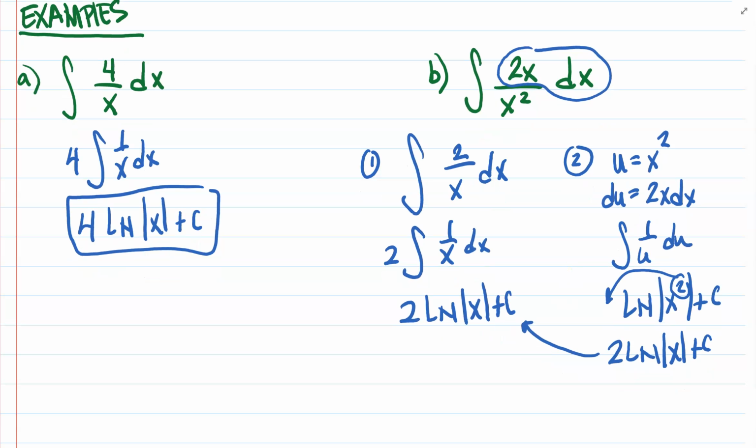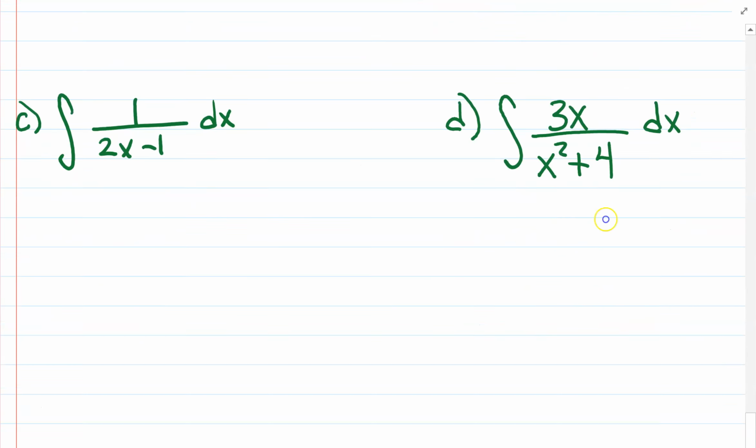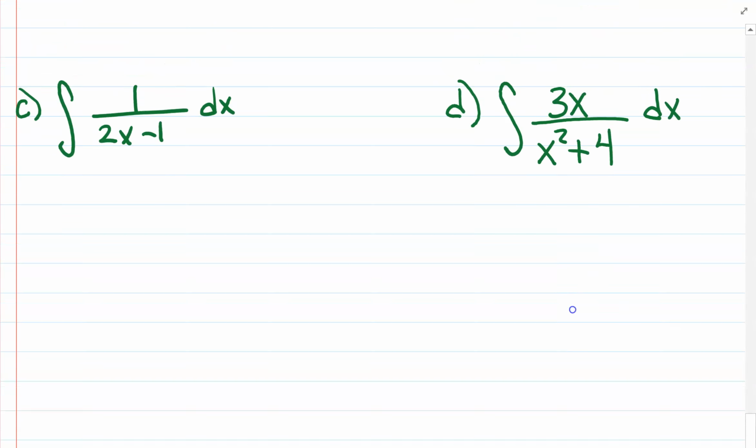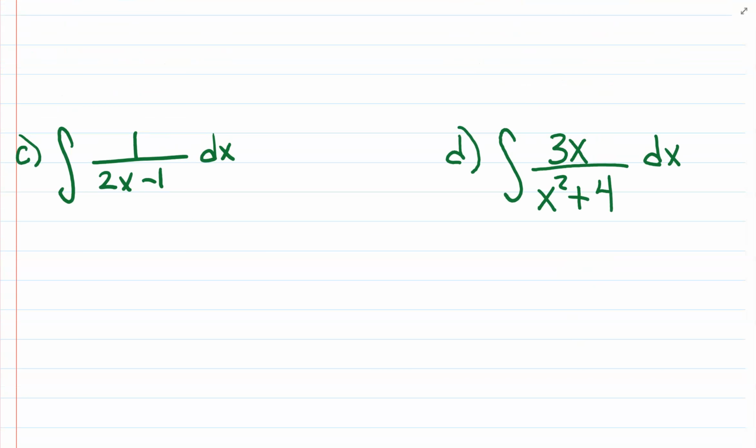Okay, a couple more examples here with you, just 2 more, and then we're done. So let's do this one. Let's integrate 1 over 2x minus 1 dx. So we can't write that with the power of negative 1. So instead we take a different approach and we say, let u be 2x minus 1. Then du is 2 dx.